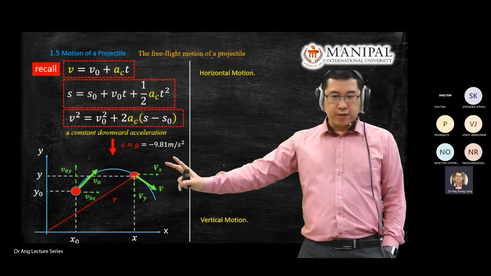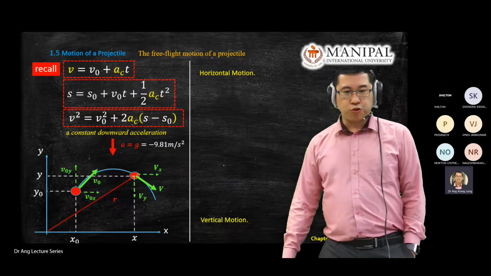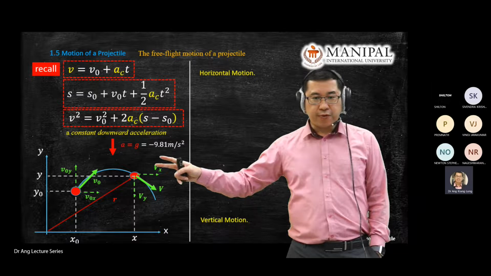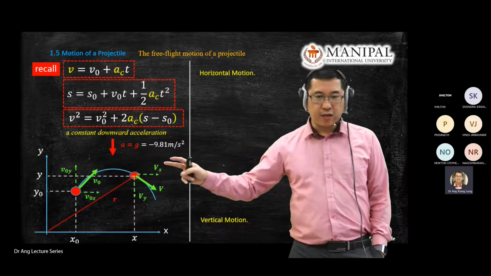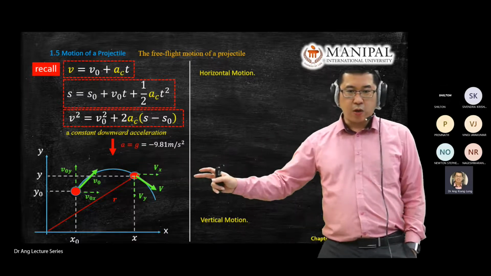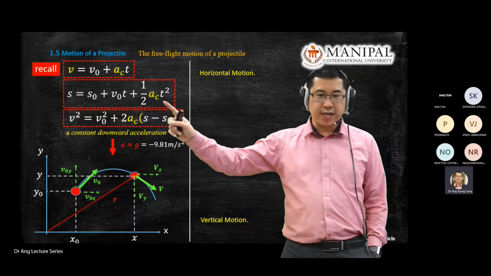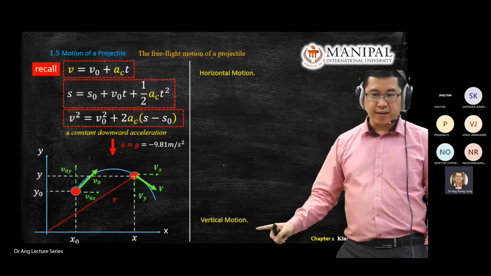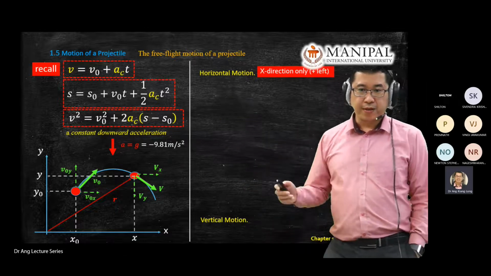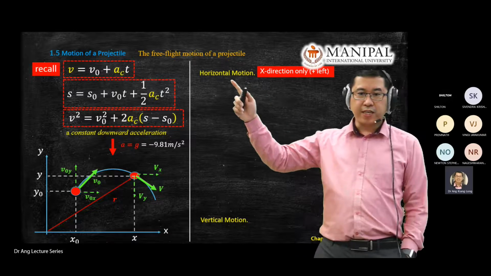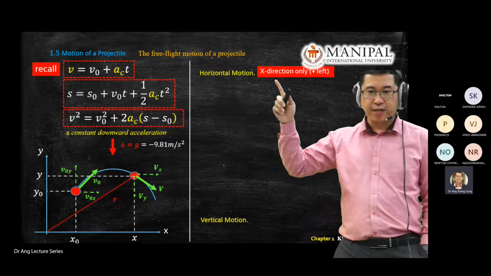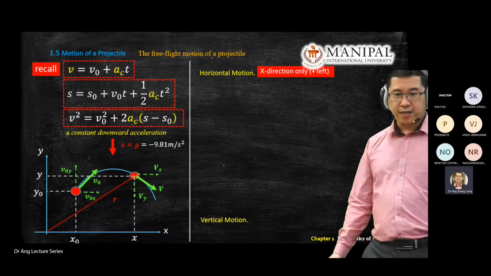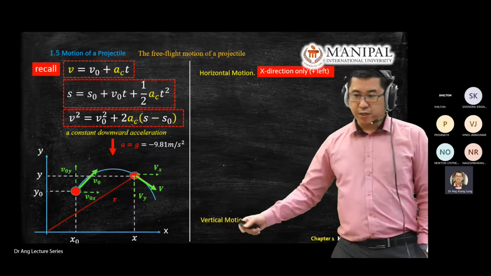It means from the projectile diagram that you sketch, you break all the velocity vectors, acceleration vectors, or the s vector into x and y axes. So for horizontal motion, we look at the s direction, and to the left is positive.